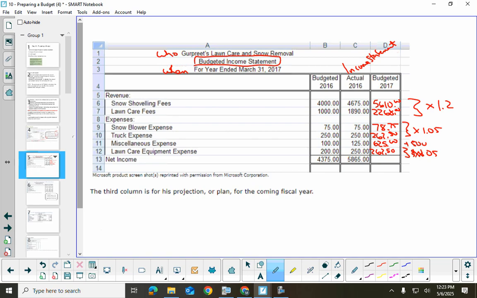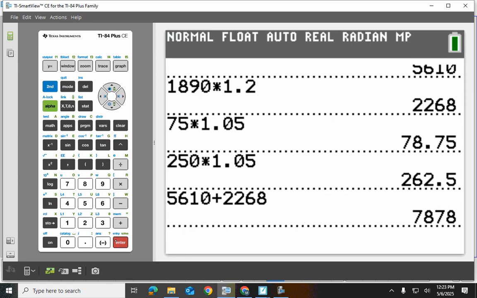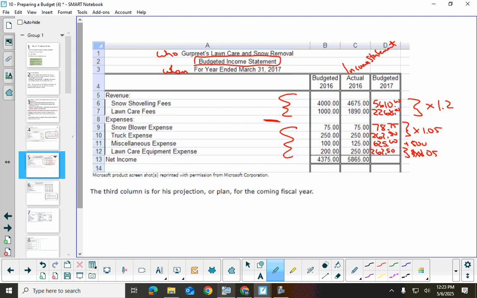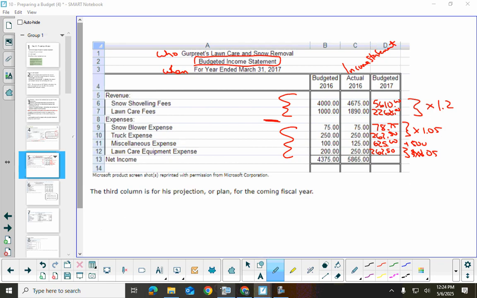Okay, so to figure out net income, remember we do this and we subtract that, right? Revenue minus expenses. So 56.10 and 22.68. So I got that 78.78. My expenses are 78.75, 262.50, 262.50, and 625.